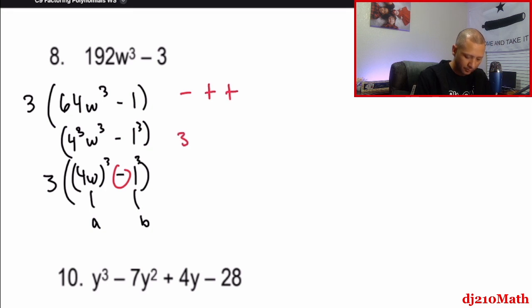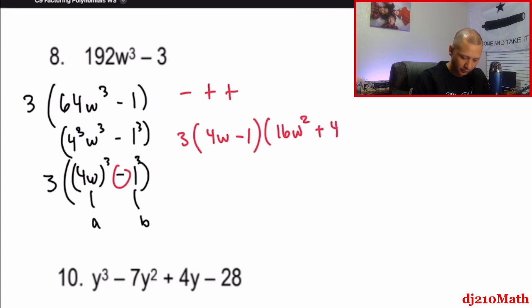So a, which is 4w, minus 1, a squared, so 16w squared, a times b, so plus 4w, plus 1 squared, which is 1.